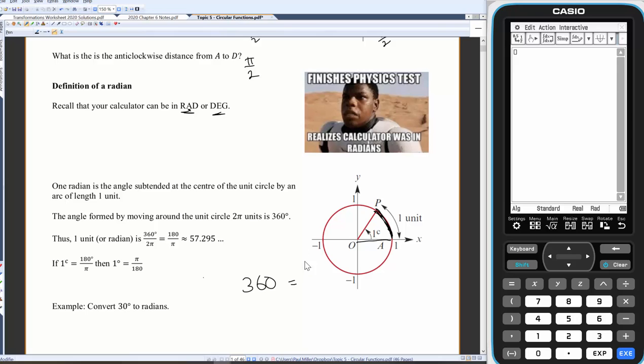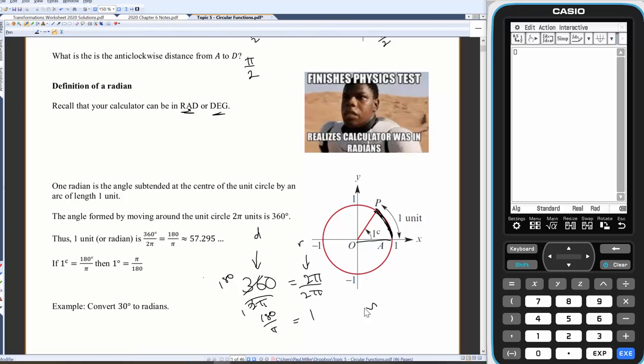So 360 is equal to 2 pi, okay? Now, this here represents the radians and this here represents the degrees. So 2 pi radians is the same as 360 degrees. Now, if I divide both sides by 2 pi, 2 pi over 2 pi is simply 1, and 360 over 2 pi is 180 over pi.